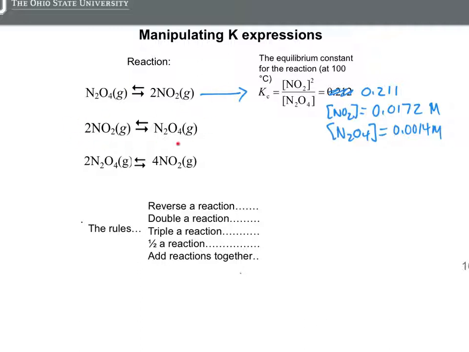So if we reverse that reaction, we just saw what we would get. It's 1 over our K sub C value. So it's 1 over 0.211. You should end up with 4.72.